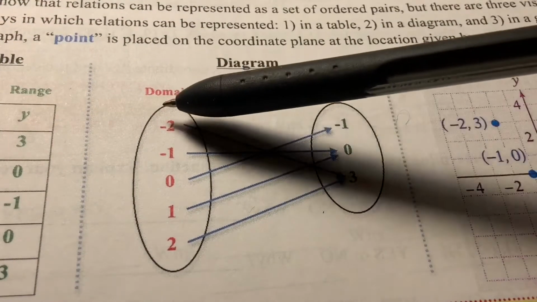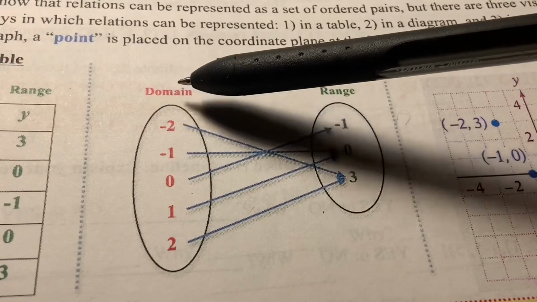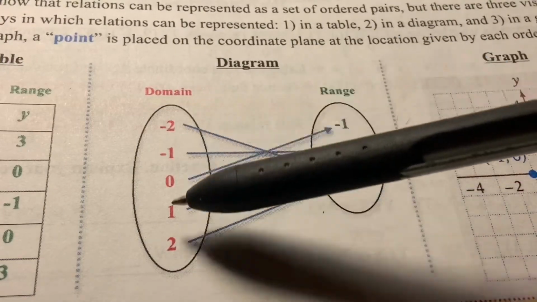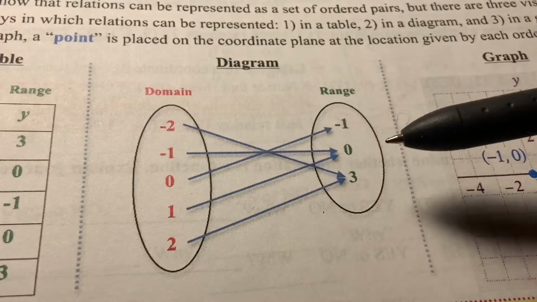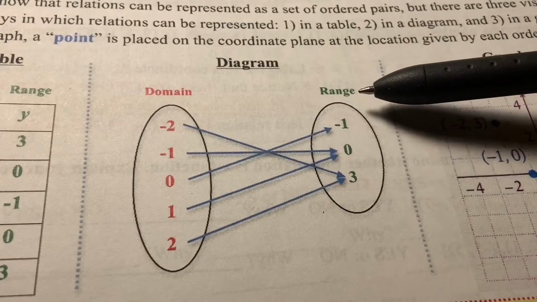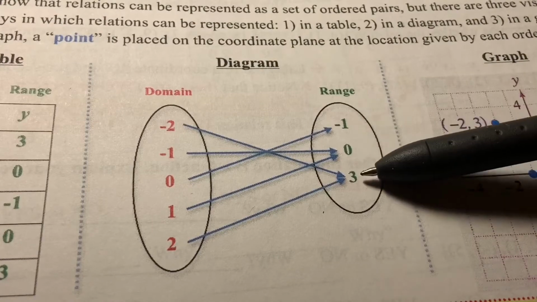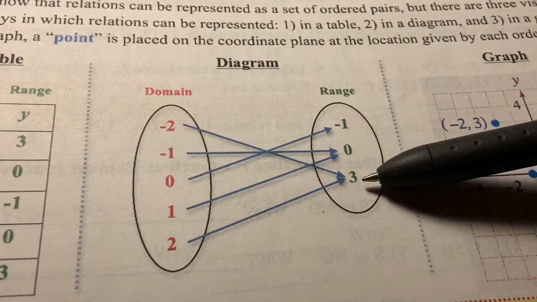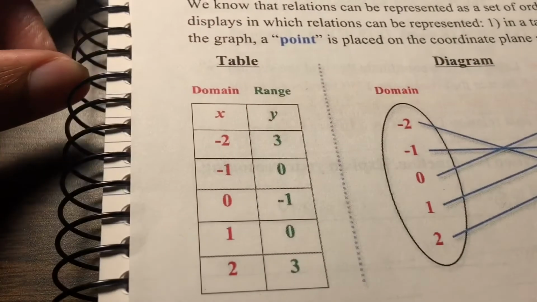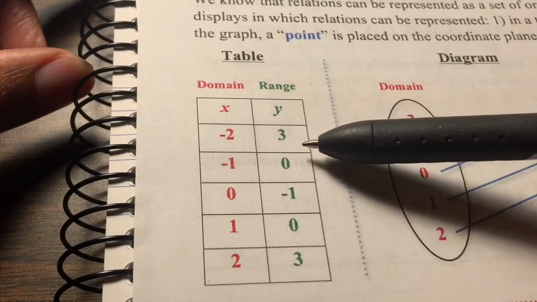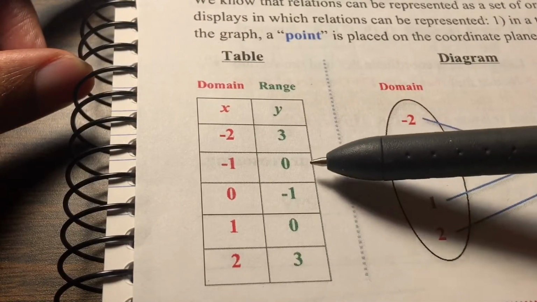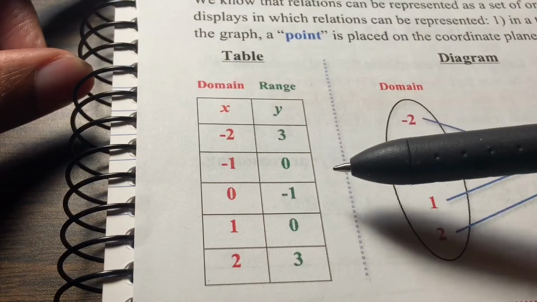Notice I still have this side labeled domain, but I have an oval now with the numbers here. And this time, look at this, the range, only the numbers that don't repeat. Okay, so you see the difference? In a table, I can show repeating numbers in the range or domain.